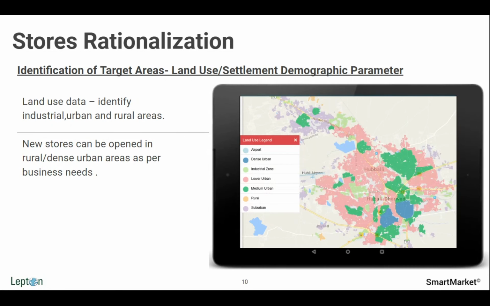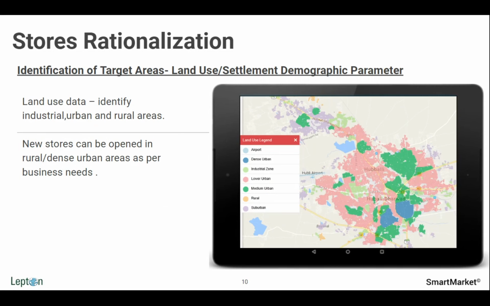This is the land use data, and this holds really high relevance. Let's say if I want to come up with a new warehouse, I would want to be located in a region which is outside the city, which is non-urban.